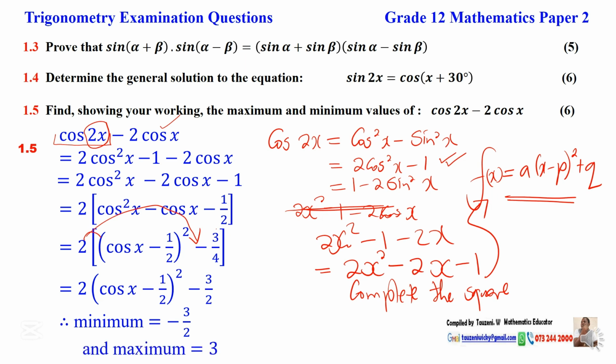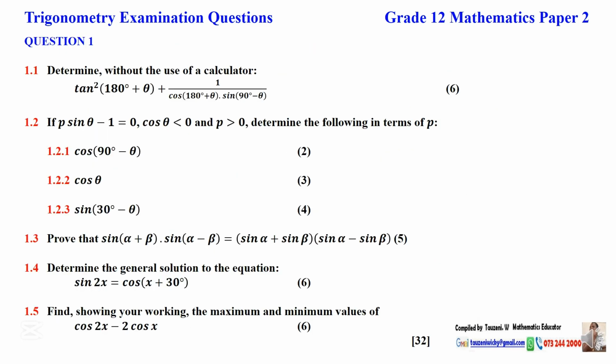So the maximum for this expression is 3 and the minimum is negative 3. Then our whole trigonometry question is answered. This is the complete question as it appeared in this particular examination paper.